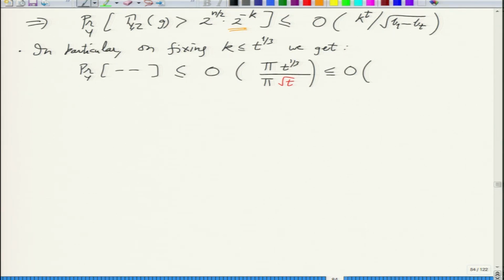So that's 1/6. So t raised to minus 1 by 6. Sorry, it should be t raised to minus 1 by 6, the whole thing raised to t. It's a product of t things.